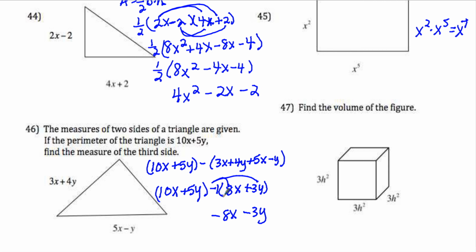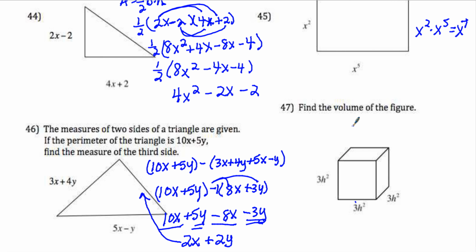It's a negative 1 in front here, so that's got to be distributed like any other number. And then I get 10x plus 5y. And so 10x minus 8x is 2x, and 5y minus 3y is plus 2y, excuse me. So I got positive 5 minus 3. So that's your answer right there. That's the third side.